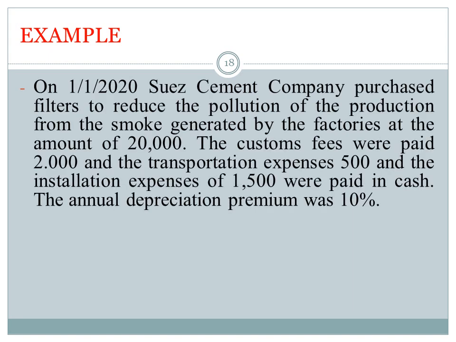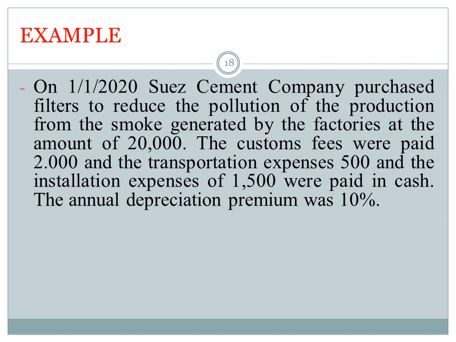Example: on 1 January 2020, Suez Company purchased filters to reduce the pollution of the production from the smoke generated by the factories at the amount of 20,000. The customs fees were paid 2,000 and the transportation expenses 500 and the installation expenses 1,500 were paid in cash.